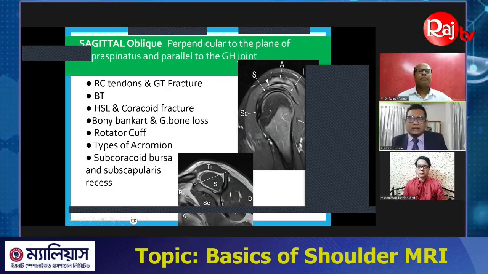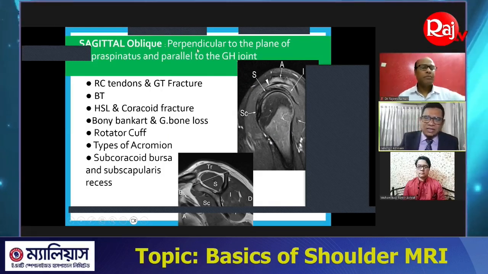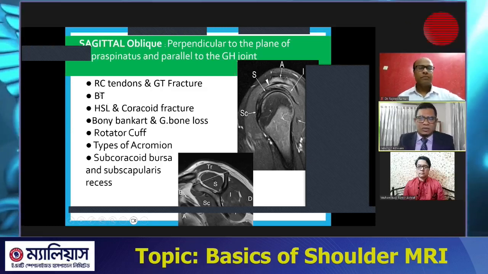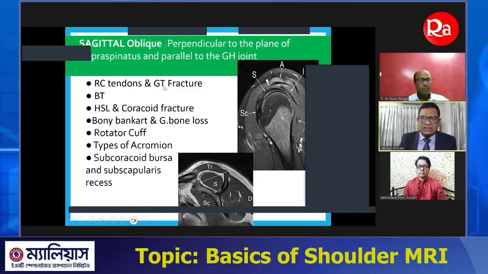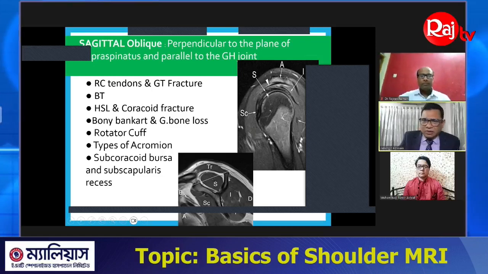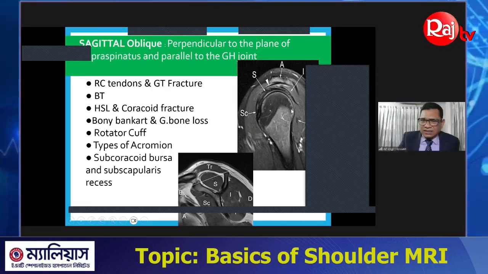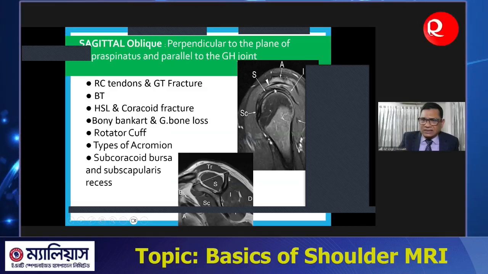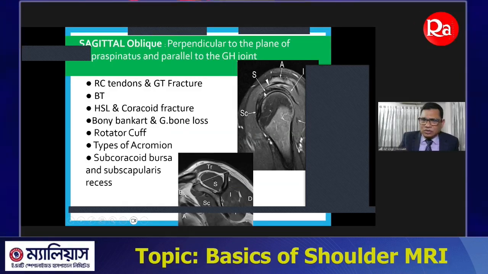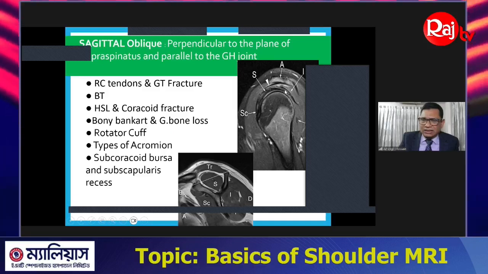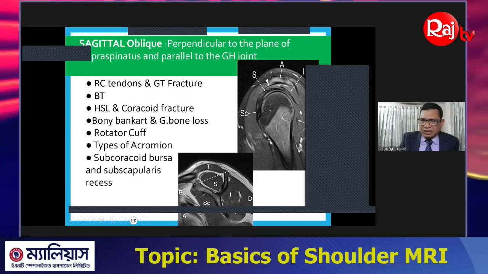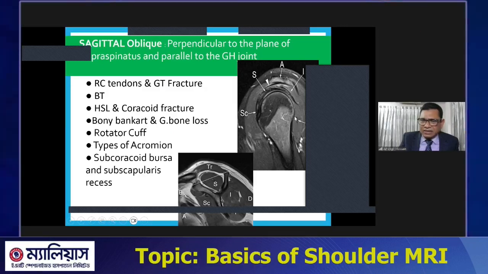Sagittal oblique. So what can we see from the sagittal oblique cut, like rotator cuff tendon and GT. In this film, if we think this is posterior, this is anterior, and that is superior, then at this level we can see the supraspinatus tendon, that is the infraspinatus tendon, and here is the teres minor tendon.